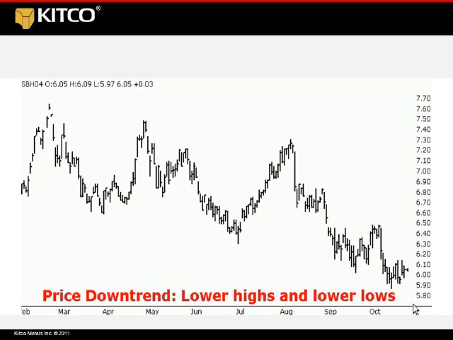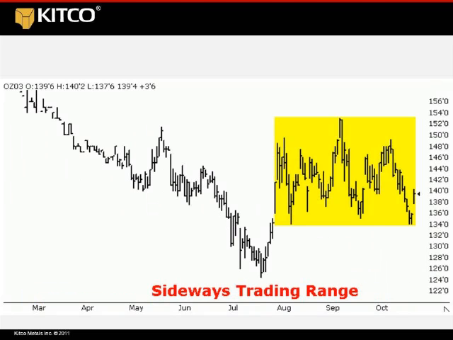Now, you might think that a market can only trade in two directions. It can either trade up or trade down, but that's not really the case. A market can also chop in a sideways fashion, like we see here with the yellow shaded area. In fact, most of the time, most markets do trade in a choppy and sideways fashion, and that's why trading is not an easy endeavor.